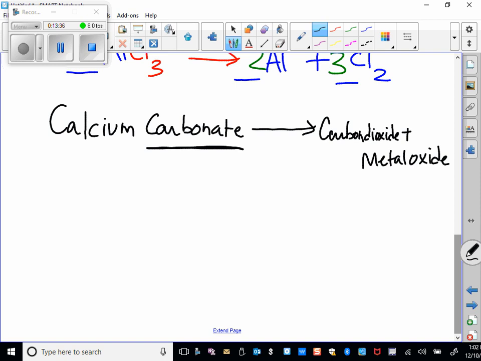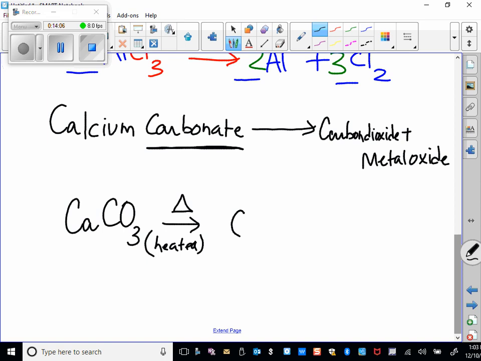So in this case, what is the formula for calcium carbonate? CaCO3. What are you removing from it as you heat it? They generally put a triangle on top. What does a triangle mean? You're heating it, increasing the heat.